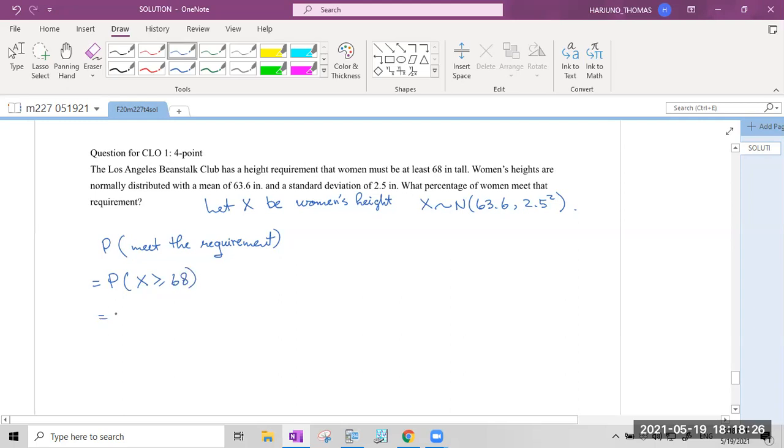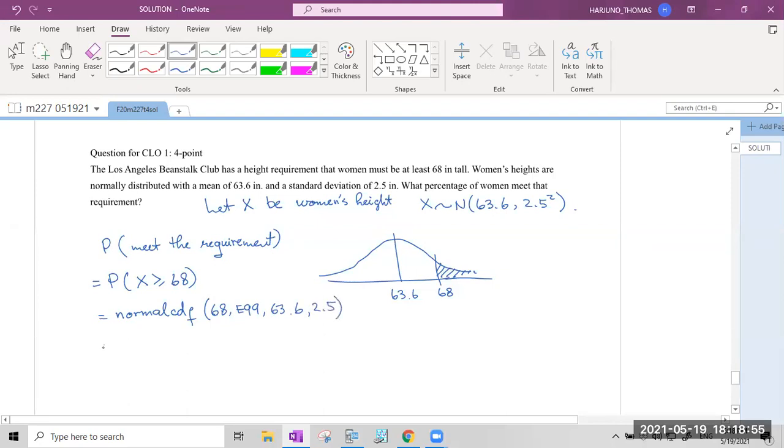That is normal CDF. You have a normal distribution whose mean is 63.6, and you need 68 or more. So that's normal CDF from 68 to E99, mean 63.6, standard deviation 2.5.